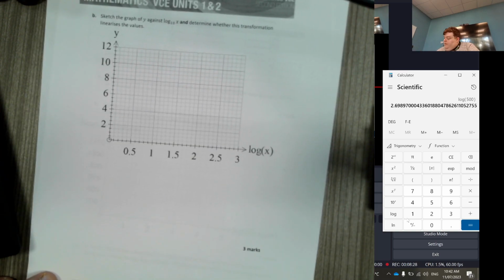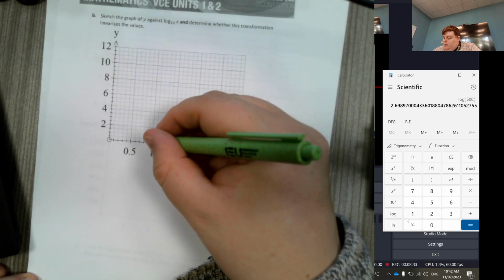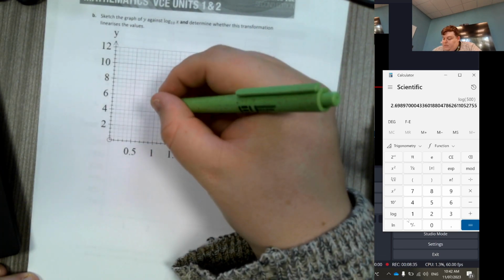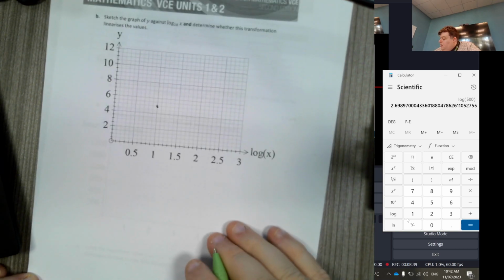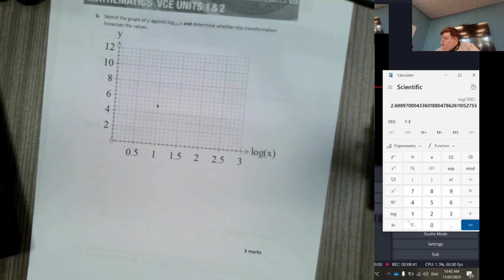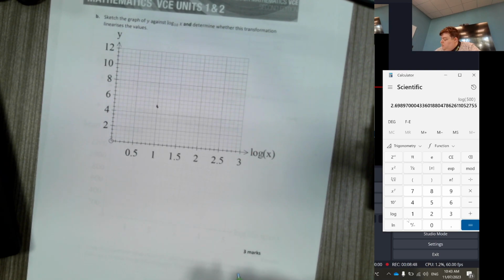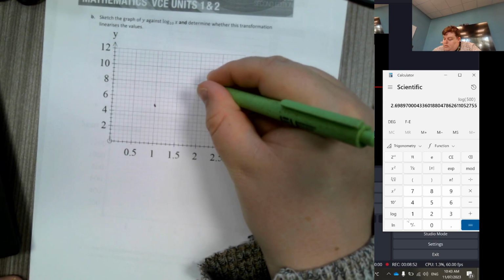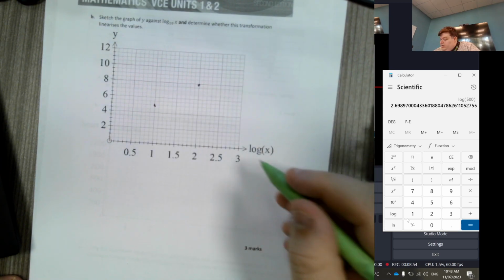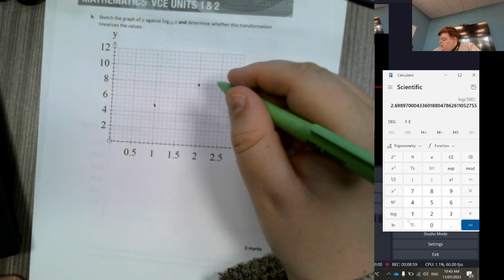Now I get to graph them, lucky me. Log x is 1 and y is 5, so it's about there. Log x is 2 and y is 8. Log x is 2.7 and y is 10.1.